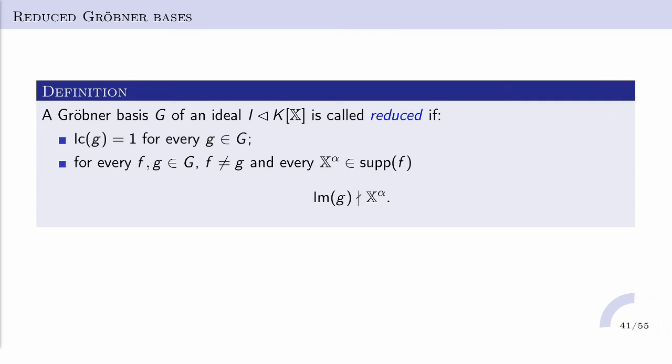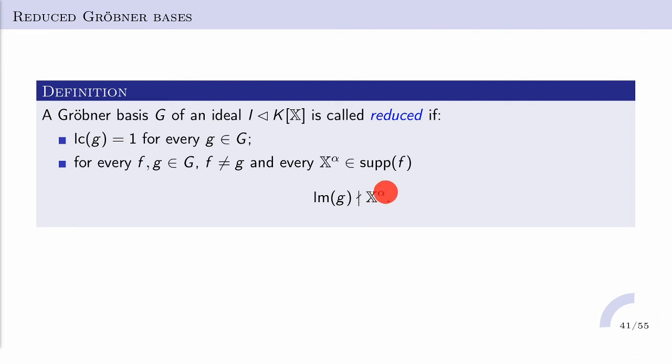A Grobner basis is called reduced if we cannot reduce any of its elements any further. Recalling the notion of a remainder and the reduction of polynomials, this means that the leading monomial of any g cannot divide any monomial of any other polynomial.